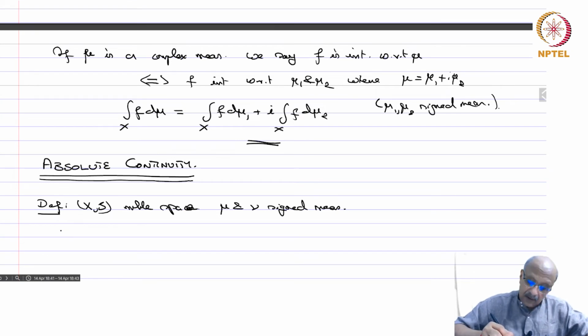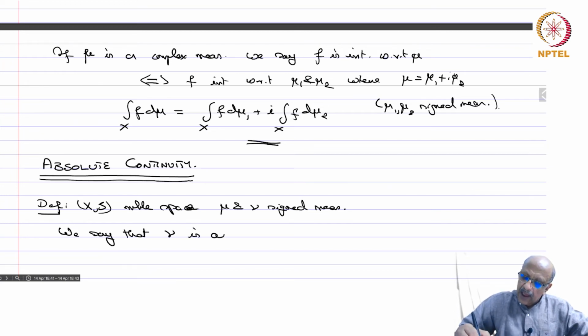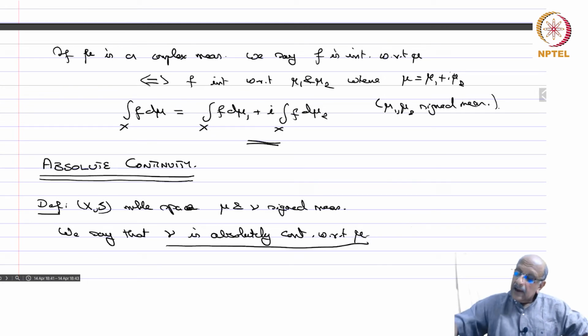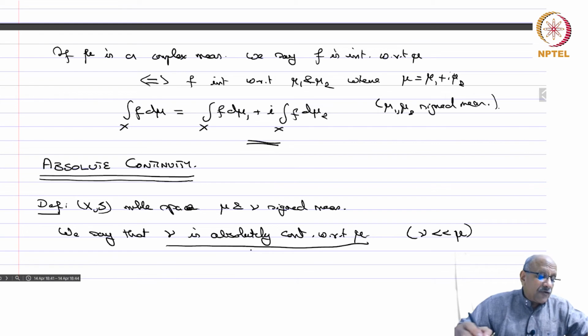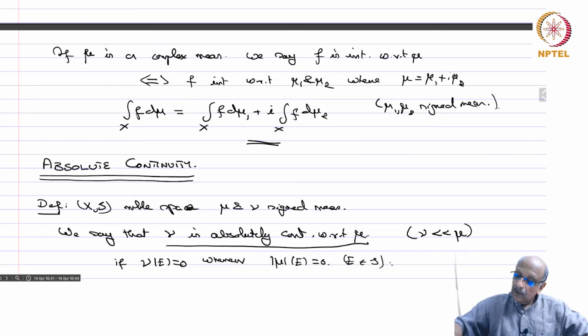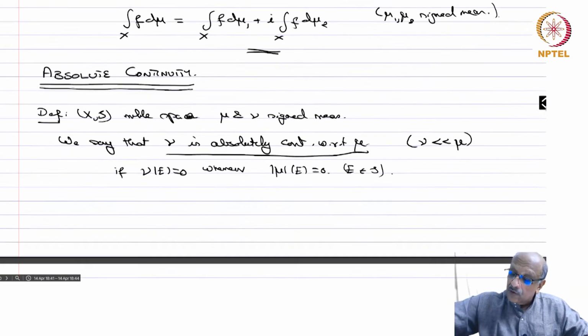We say that nu is absolutely continuous with respect to mu, and the symbol is nu less than less than mu, if nu of E equals 0 whenever mod mu of E equals 0, for E in S. So if mod mu of E vanishes, then nu of E should also vanish.